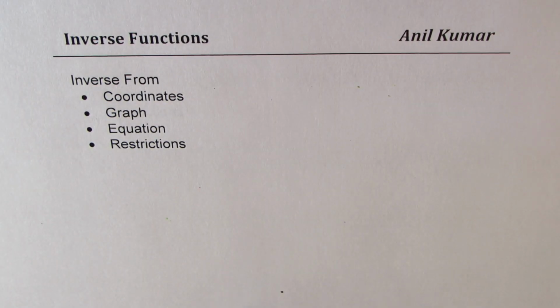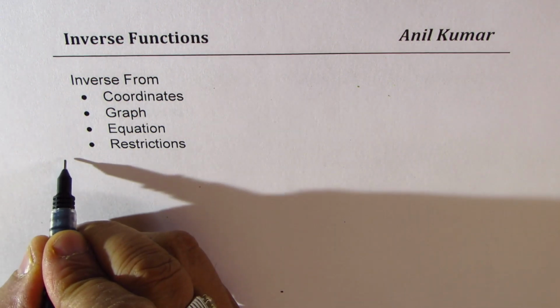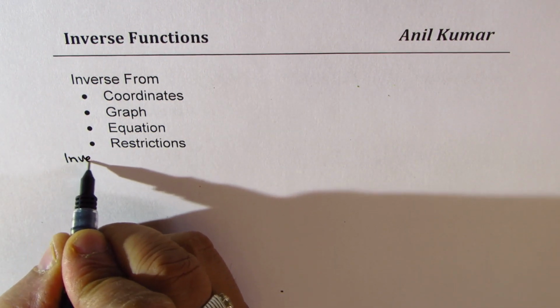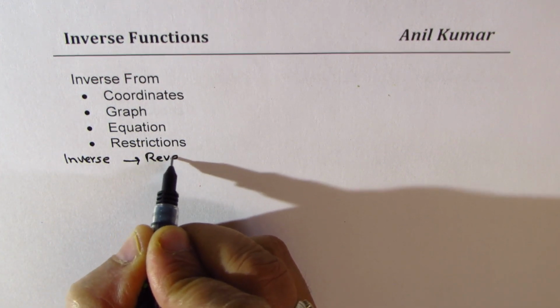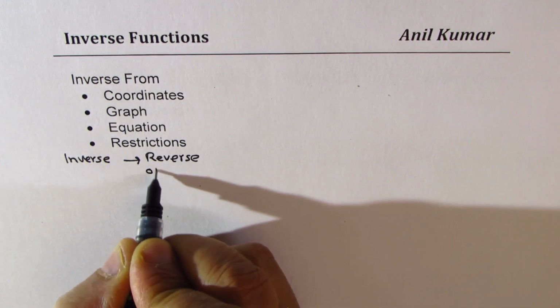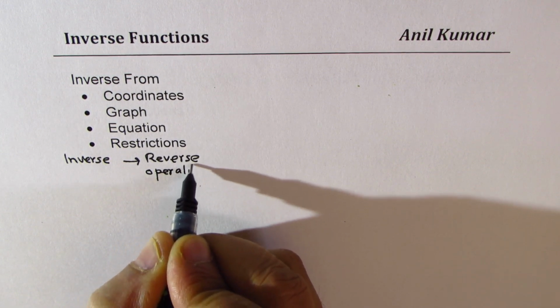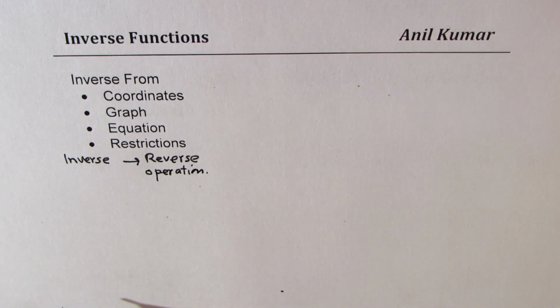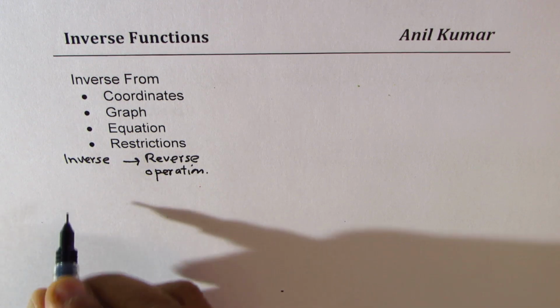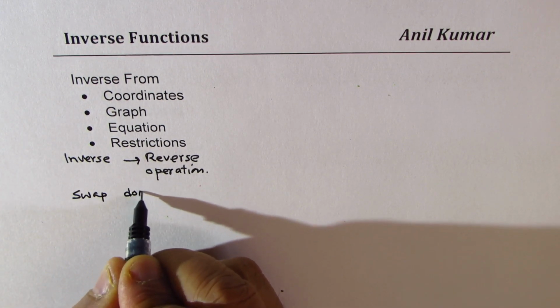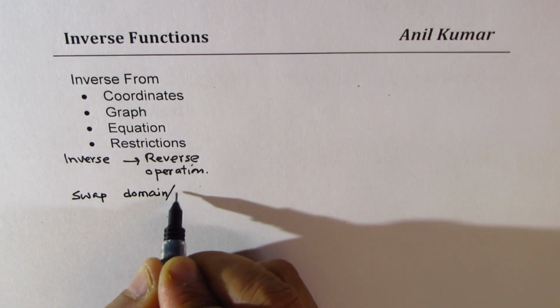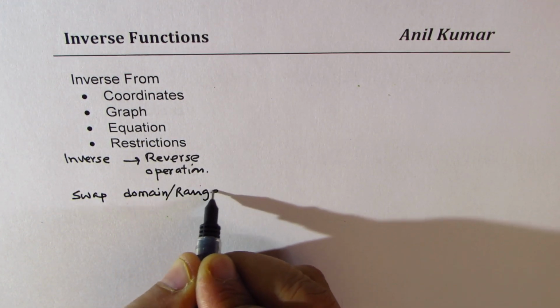So let me just summarize what we learned. First thing which we learned is inverse is like reverse operation. Second thing which we also learned is to swap domain and range.